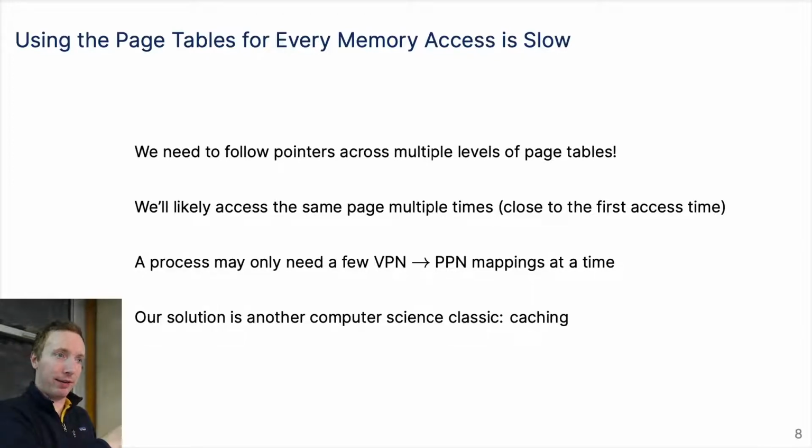That's a memory access, and it tells you where the L1 is. Then at L1, you have to access L0. Then at L0, you finally get the actual physical page and can do the memory access. So you're essentially turning one memory access that should be nice and simple into 4, because we're using page tables. This seems really bad, and you're likely going to access the same page multiple times.